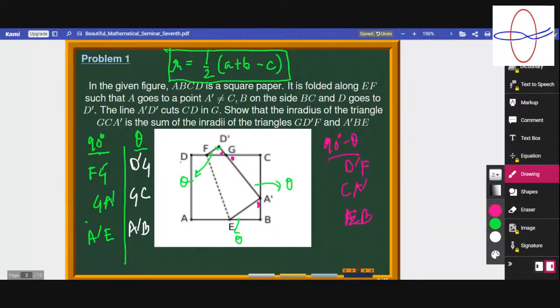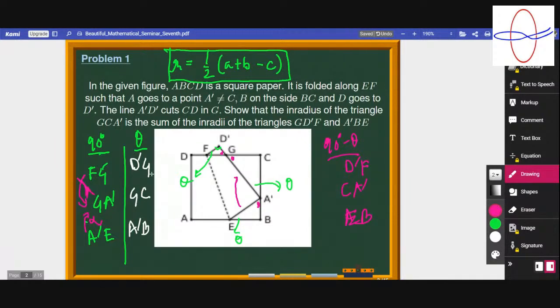You have that? Now observe what is happening. FG is going to GA dash by a factor of, say, lambda. And AE dash is going to GA dash by a factor of, say, alpha.